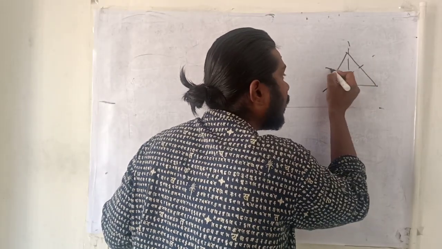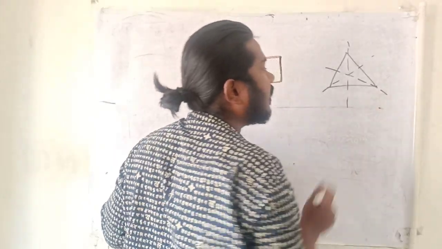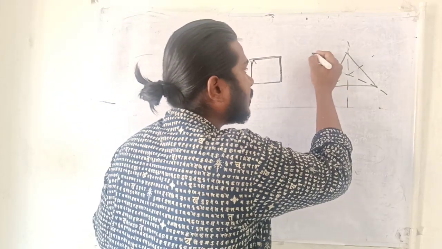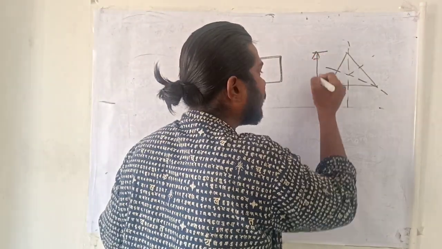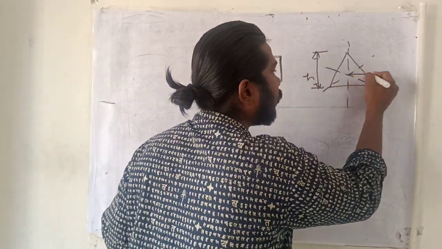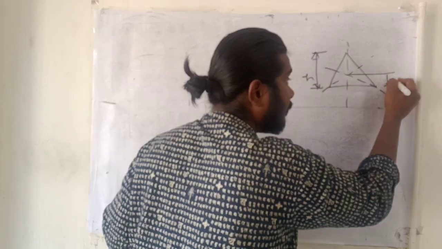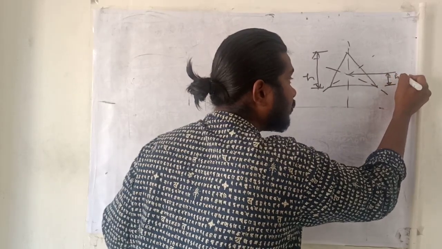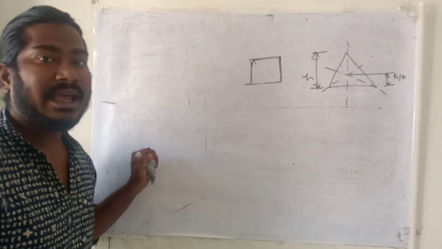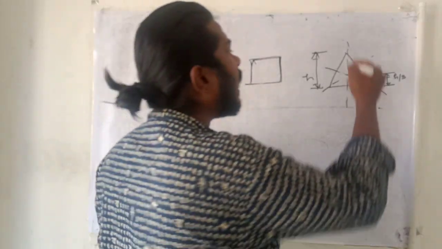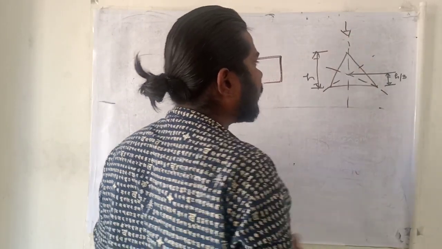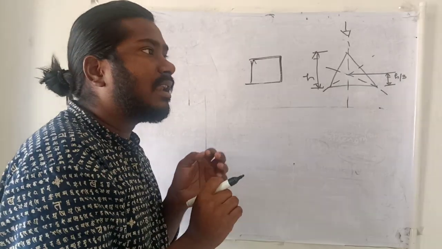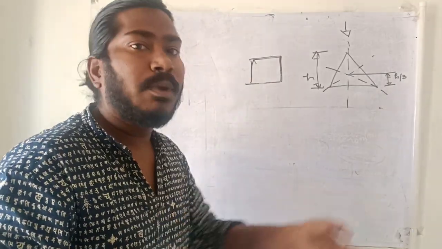We already know in a triangle, if this is H, the centroidal location from the base would be H by 3. Now if I have to apply the load and someone asks me to calculate the second moment of area.